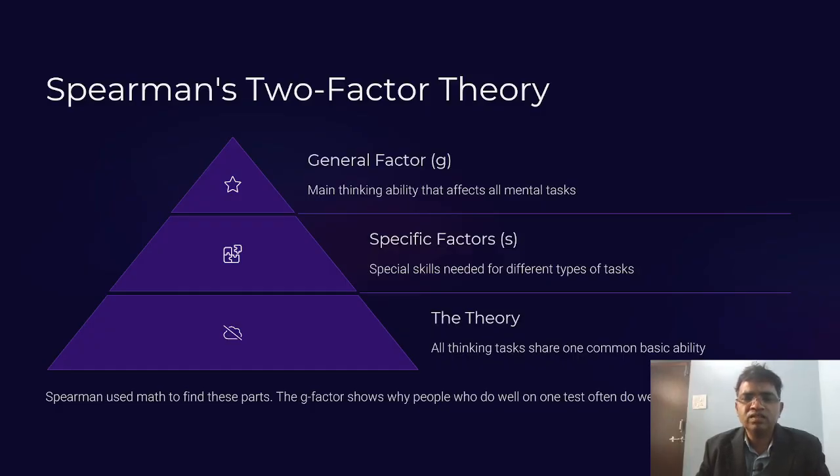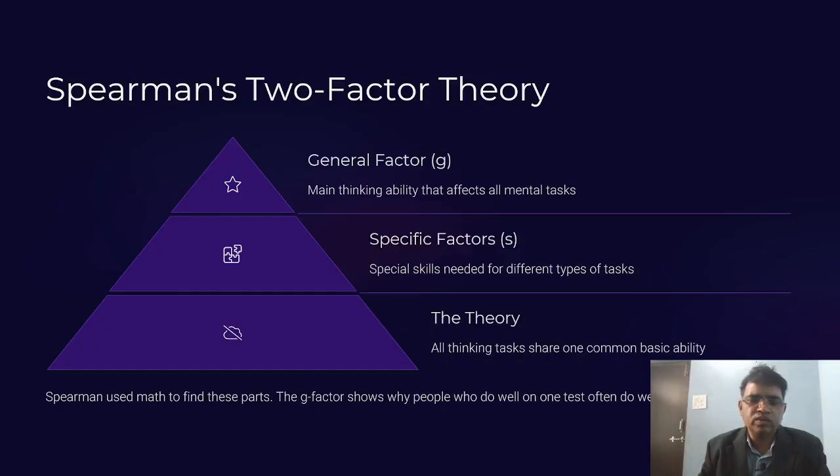The theory says all thinking tasks share one common ability. Spearman used math to find these parts. The G factor, the general factor, shows why people who do well in one test often do well in others too.